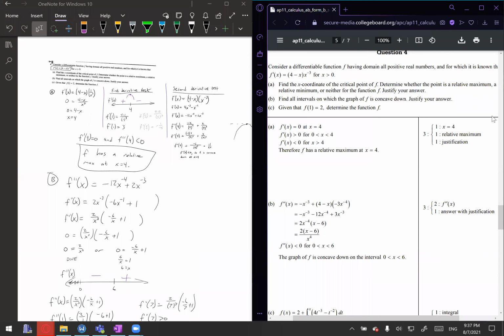I've got 1 point for saying that we have a critical point at x equals 4, 1 point for saying it's a relative maximum, and then 1 point for our justification. They justified using a first derivative test, saying that our slope changed from positive to negative at this critical point. I justified with the second derivative test, what I wrote here, that our slope was 0 at x equals 4 and concave down. Either way is fine.